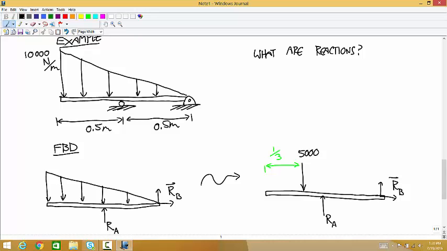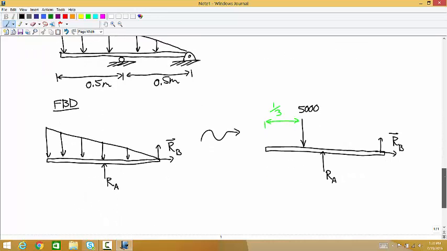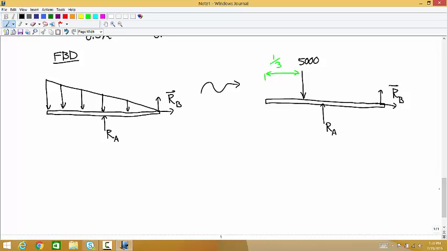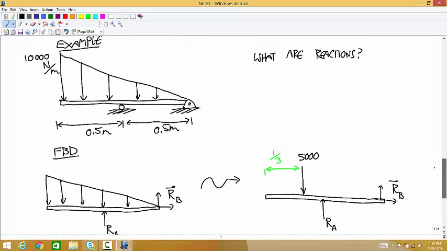Any questions about that one? Why is that force down 5,000? It's the area of the triangle. The triangle has a height of 10,000, a width of 1, so just take the area, and that's what you're always going to do with distributed loads.